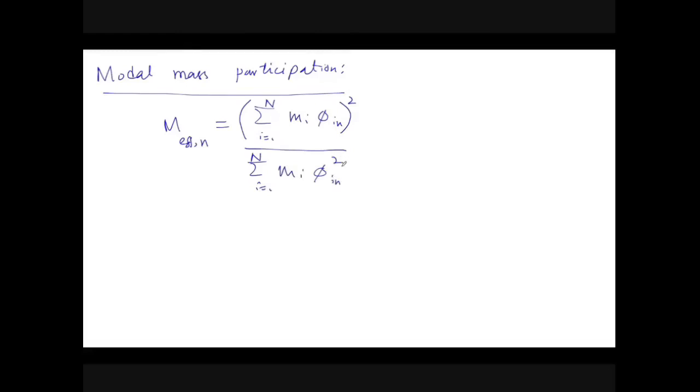So it is just like the participation factor, but the only difference is that the numerator is squared instead of just the Mi phi.